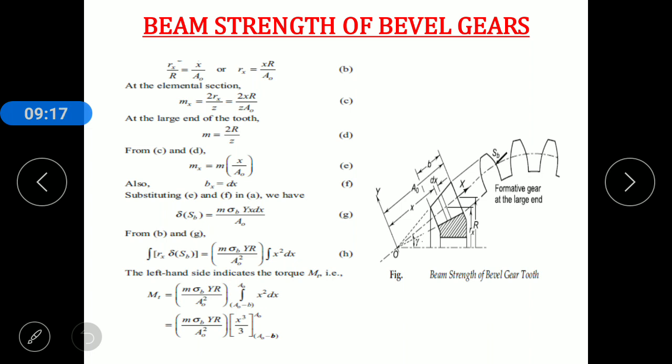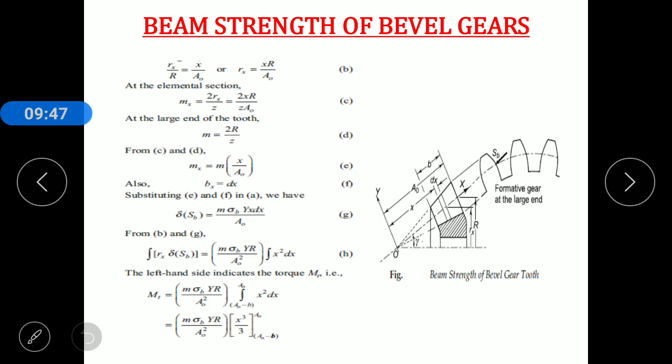Here m sigma by r divided by AO square inside the bracket AO cube by 3 minus, here we take a 1 by 3 outside the bracket and expand AO minus b bracket cube. That expansion is AO cube minus 3 AO square b plus 3 AO b square minus b cube.